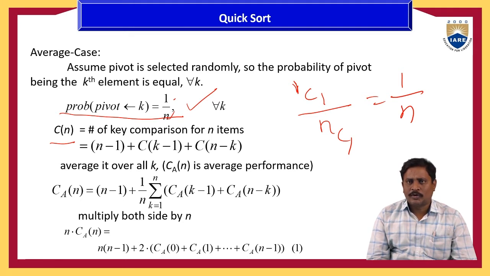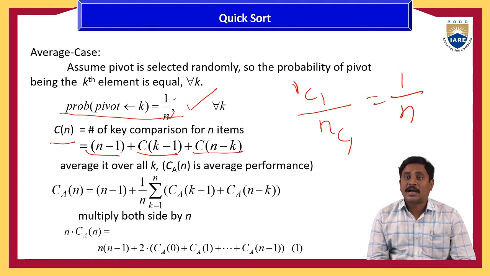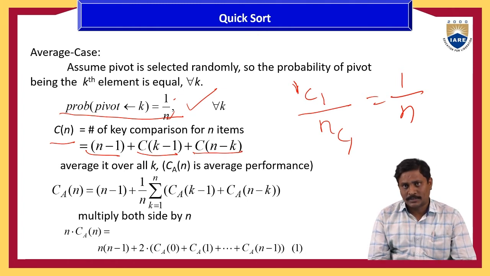Already we chose one element, so the remaining elements are n minus 1. So we make n minus 1 comparisons, plus C of k minus 1 comparisons for the left part, and also C of n minus k comparisons for the remaining n minus k elements.